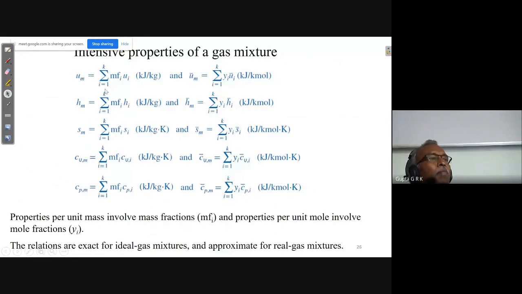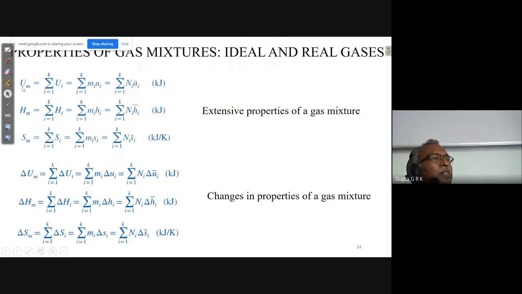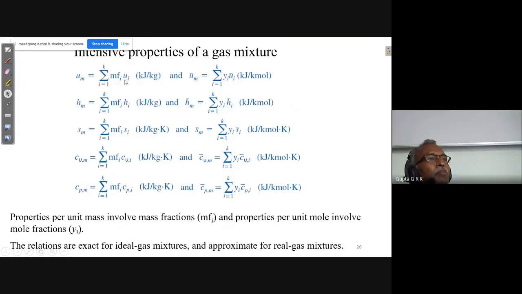Again, if I have all the individual component values, UM is sigma MFI UI. It is just like the previous one. This is mass of the mixture into small u, the specific internal energy of the mixture. If I divide by mm on both sides, mi by mm will come, so you get MFI into UI.